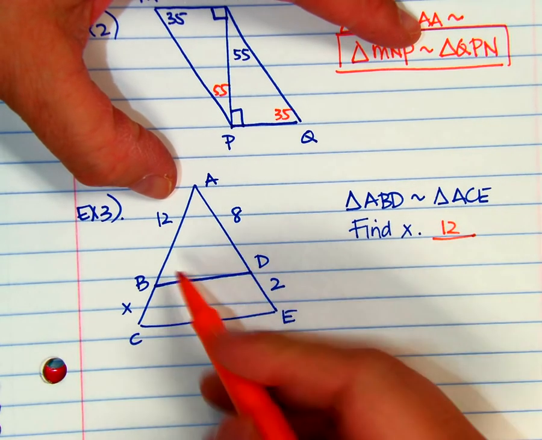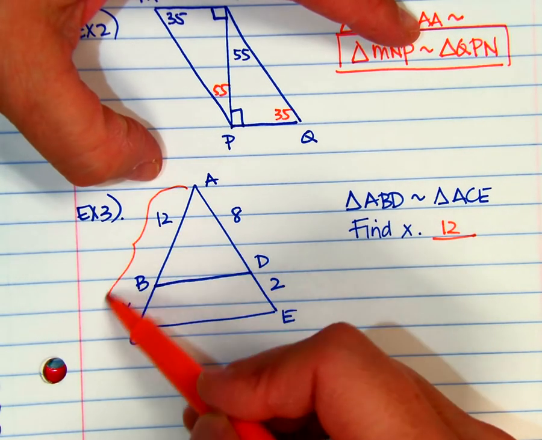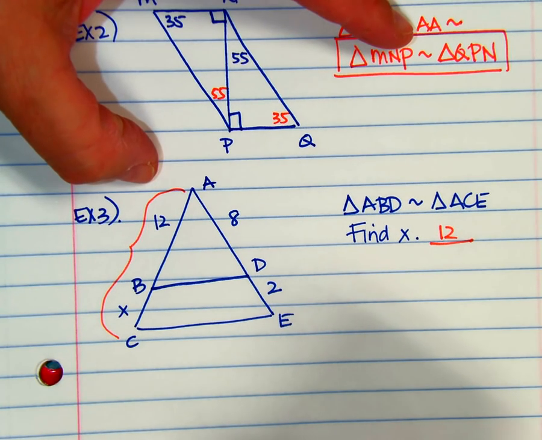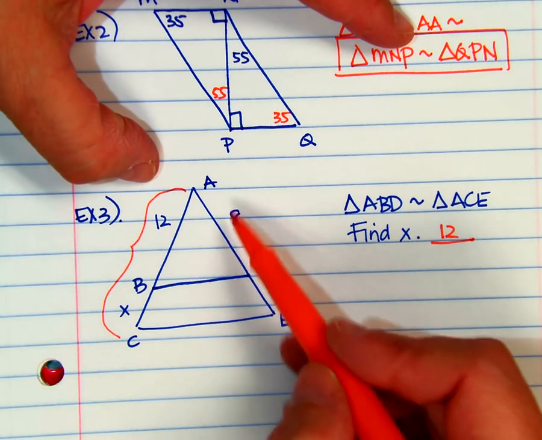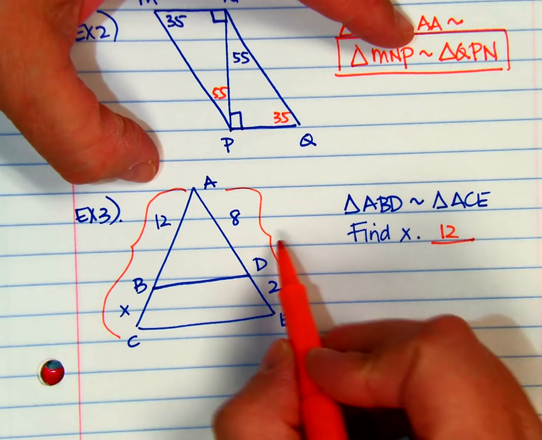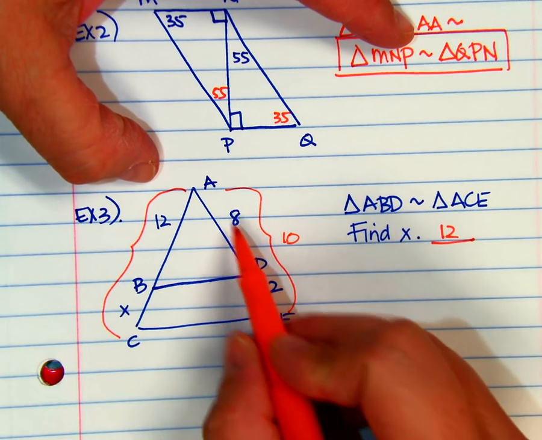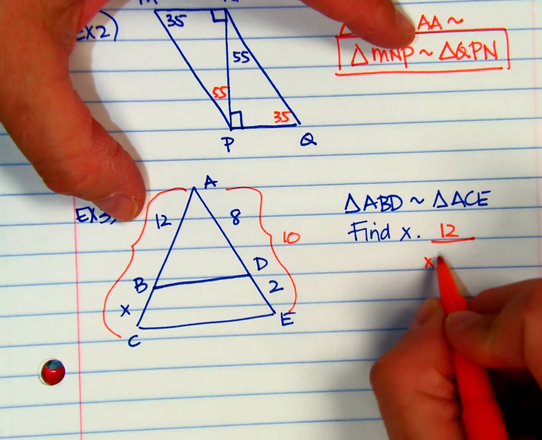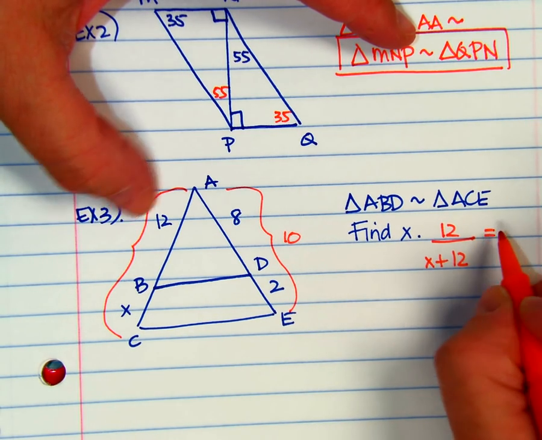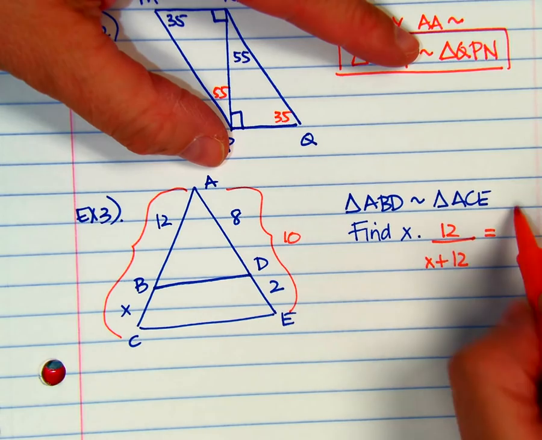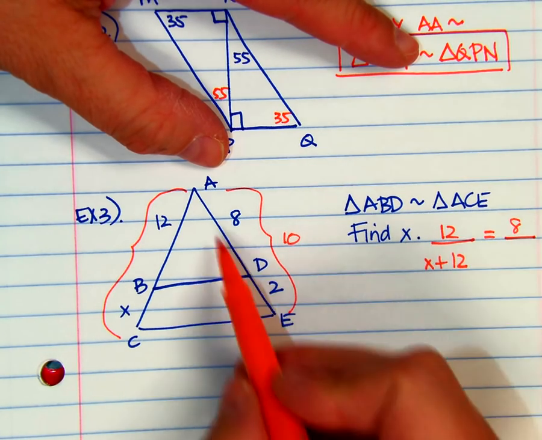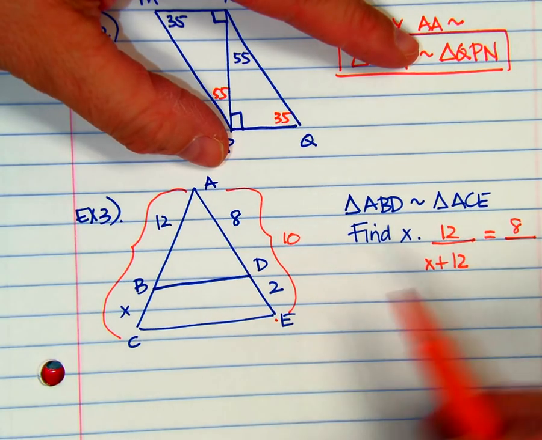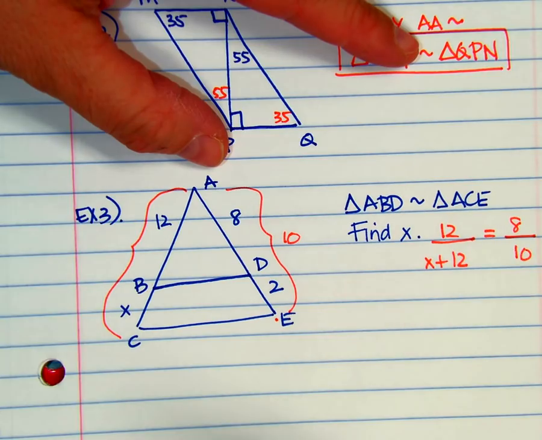The left side of the bigger one is not 12. Remember, in order to find that this is 10, we add these two. So x plus 12 should equal the right side of the small over the entire side of the big, which would give me a 10.